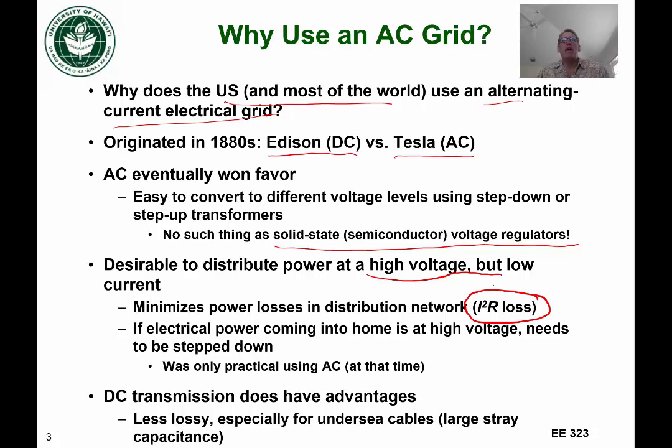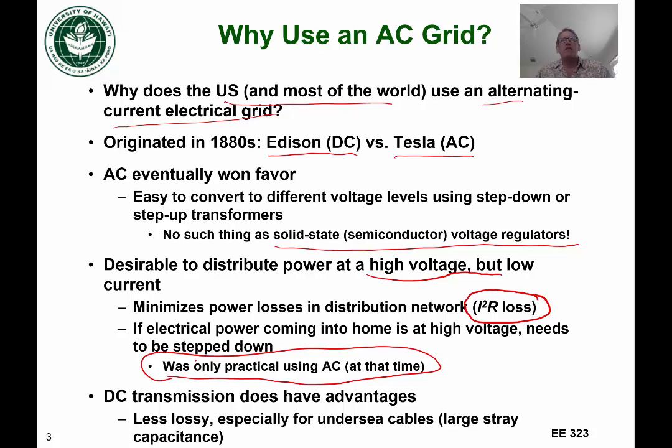So for the same power, you'd like to distribute the power at high voltage and low current, and then you get to a transformer, and you step it down to a more reasonable voltage so people don't get in danger in their homes. This was really only practical using AC at that time, and in fact, transformers are still widely used today in our homes and for power distribution.